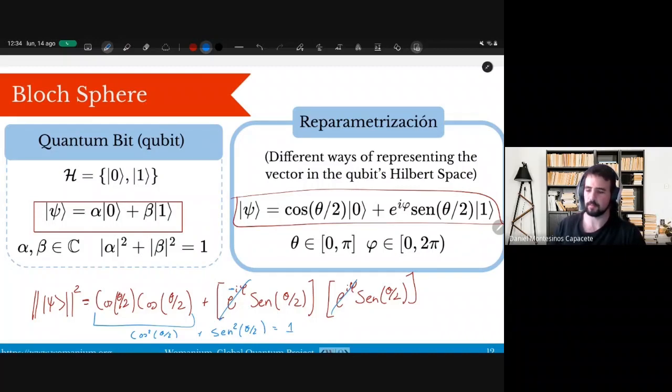So it doesn't matter the angle; it can be any real angle for sure. I mean, angles can also be complex numbers, but in this case, that's not what we want. So for any angles in these intervals, we will have a physical state in the sense that it's going to be properly normalized.